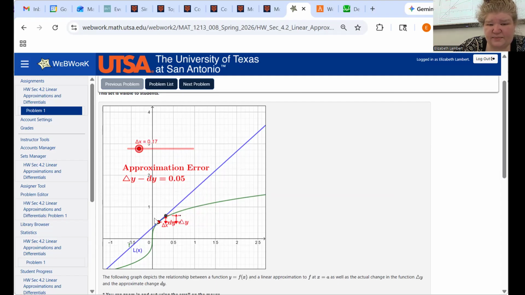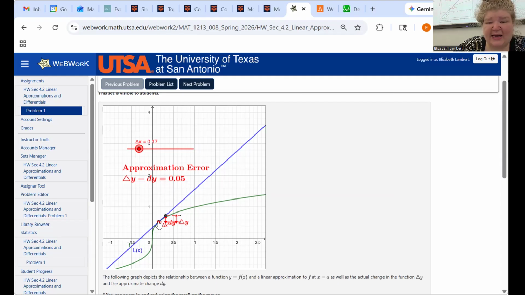So when I'm looking at whatever this weird x value is, like 0.15 maybe, I can only look 0.17 away from that value to keep my error down to 0.05.